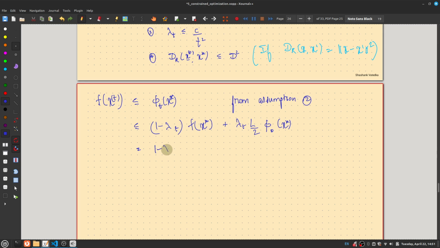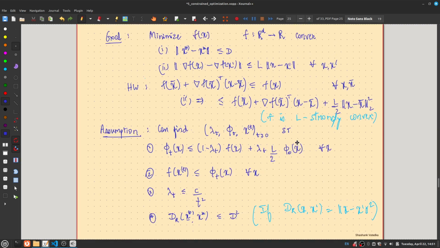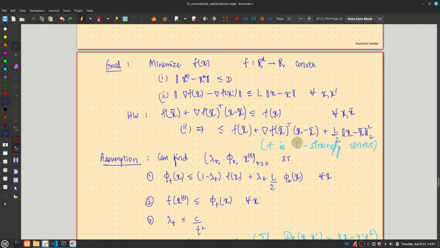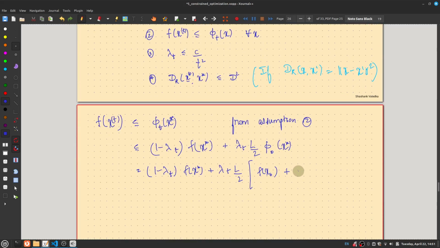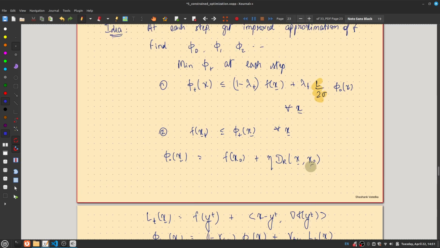So this is 1 minus lambda t f of x star plus lambda t times L by 2 times f of x naught plus some constant dr of x comma x naught.